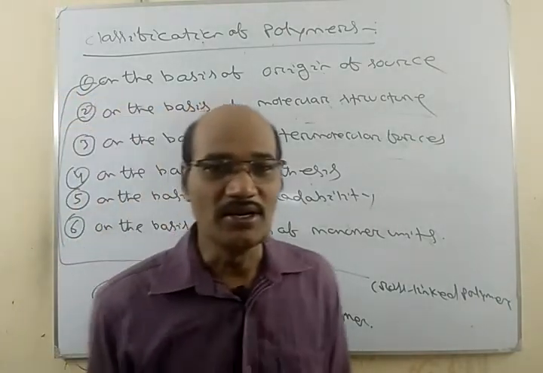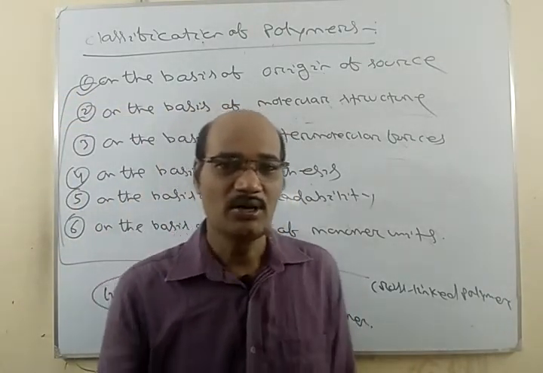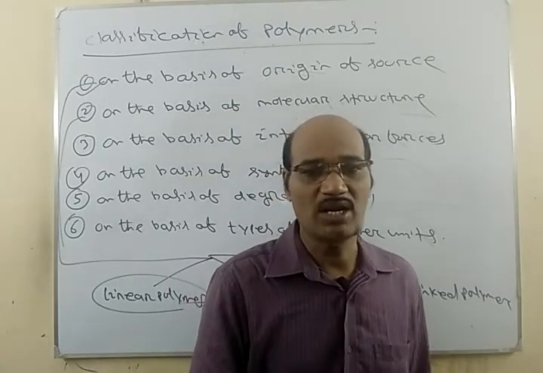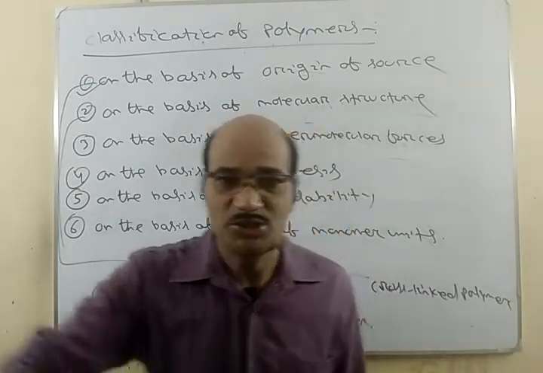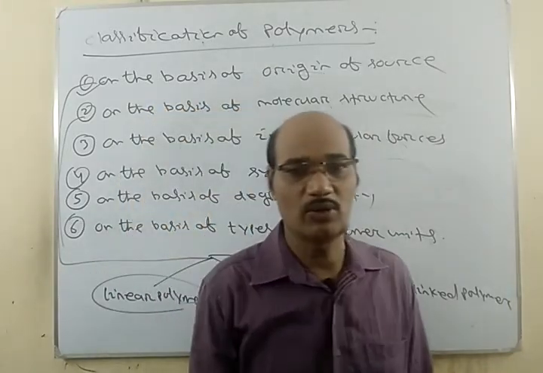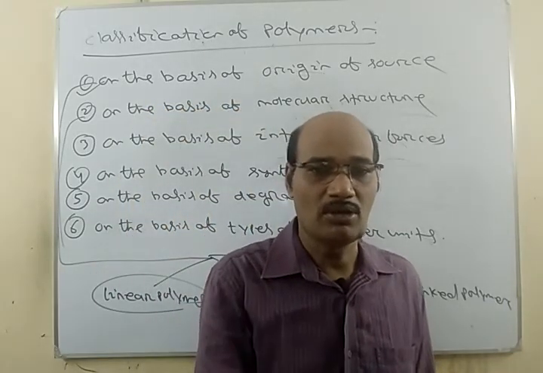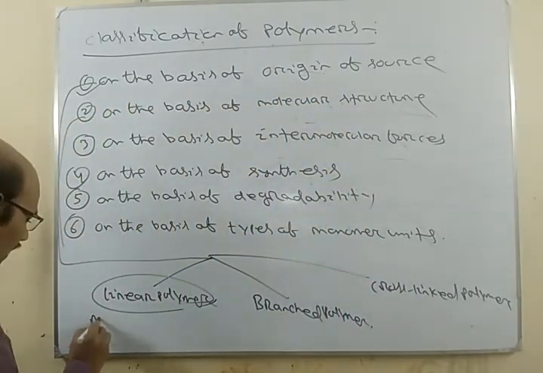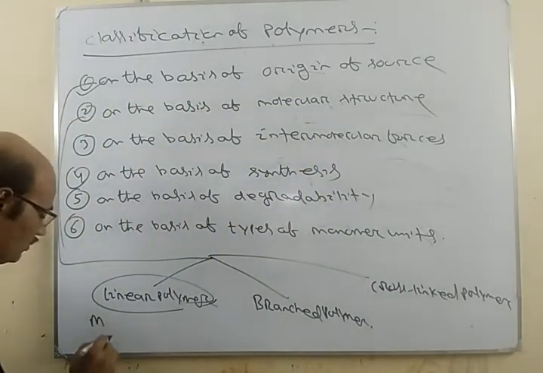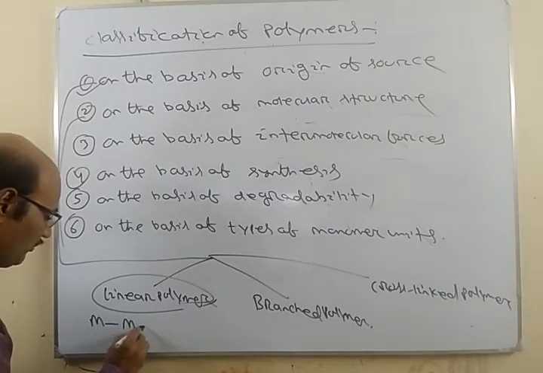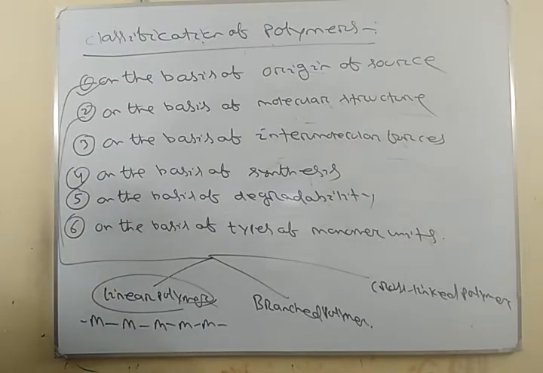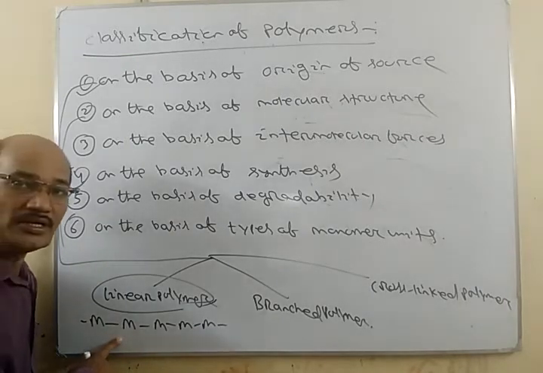So linear polymers are those where the monomer units are joined together to form a long straight chain of monomers. That is called linear polymer or linear chain polymer. So if I have M, the monomer, attached to M, the monomer, and so on, this is called the linear polymer.